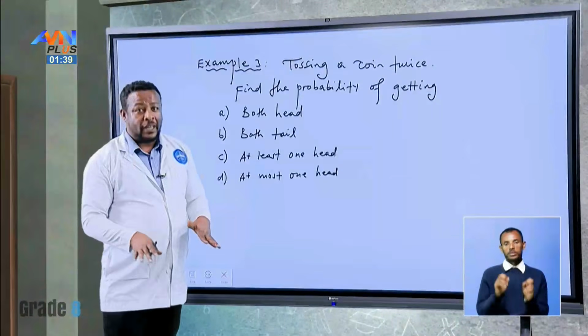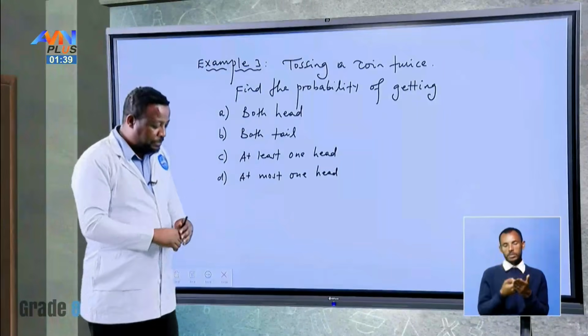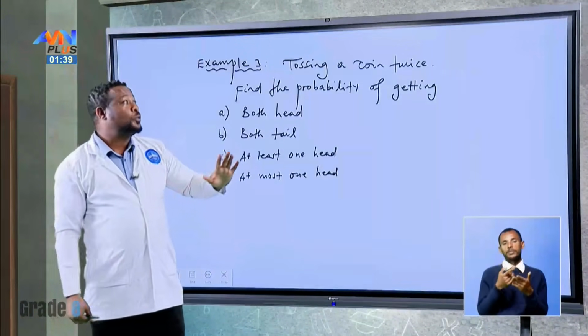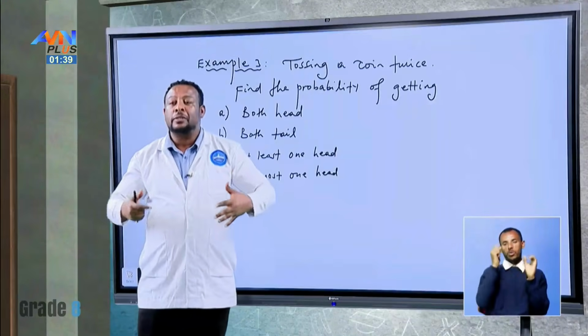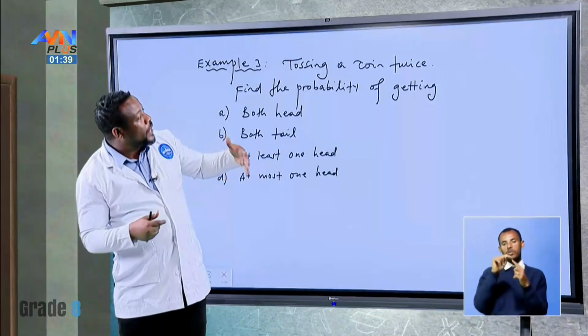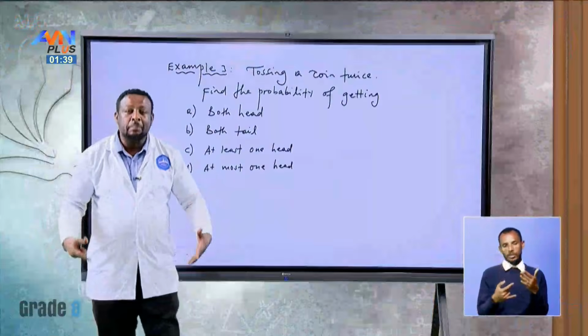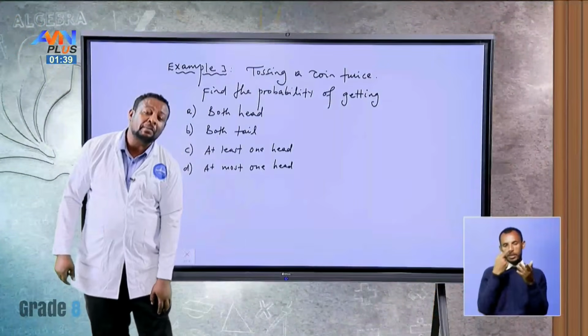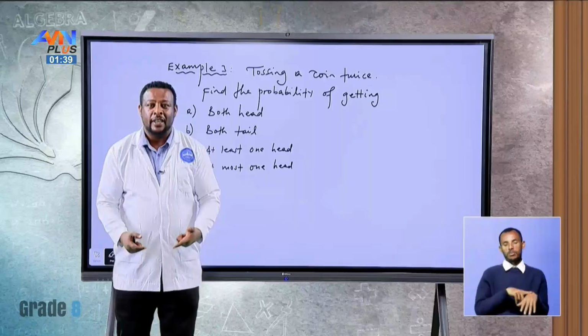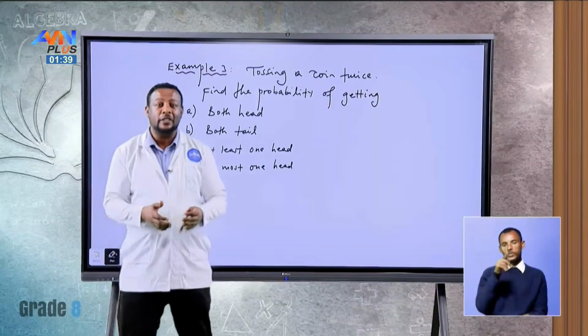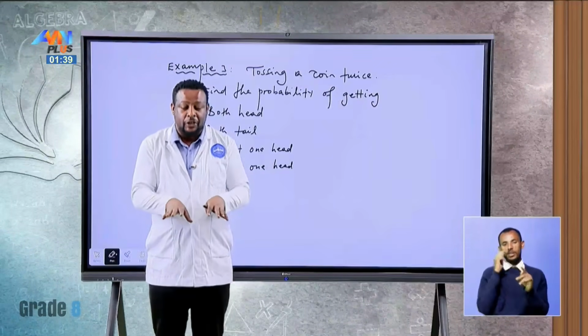Okay, so let's see this experiment. Here, you need to properly understand the experiment first so that you can list out the sample space. Here, the experiment is tossing a coin twice. You can do this activity at home.